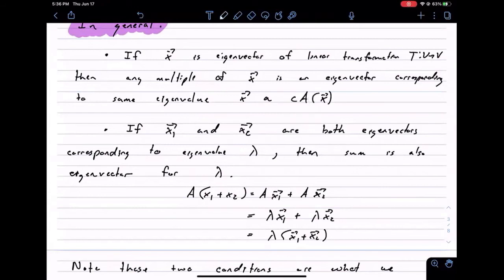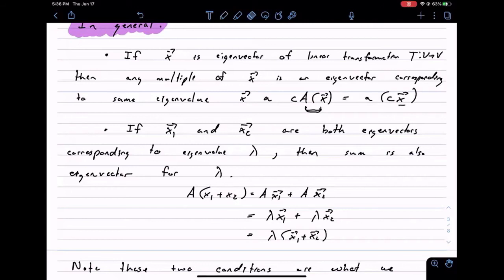Now, since x is an eigenvector, this A times x, well, what is that? A times x is little a times x, right? So I have c times a times x, and I can just rearrange this.